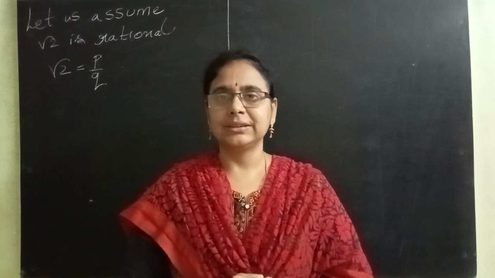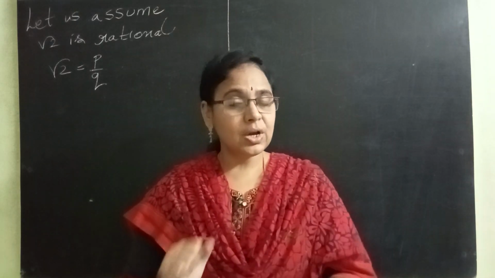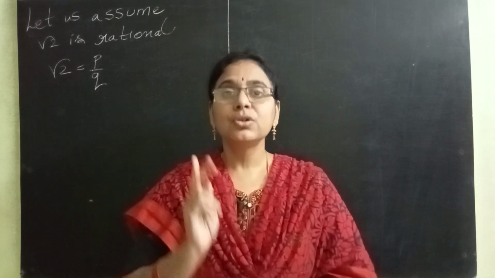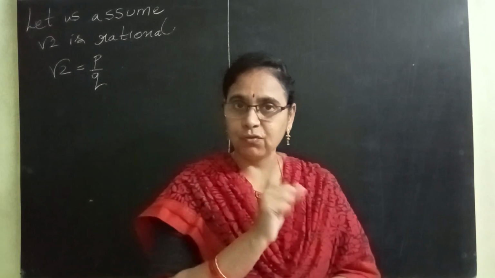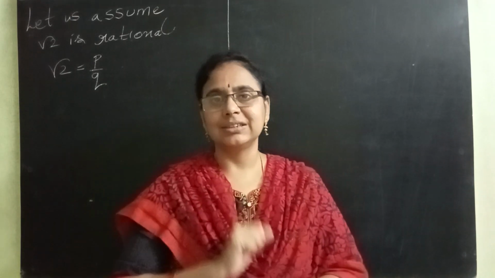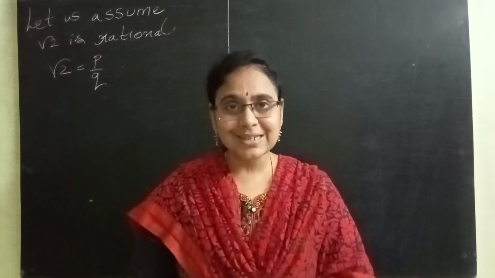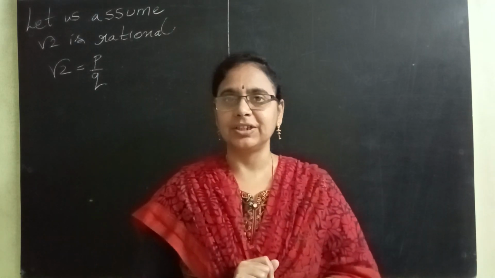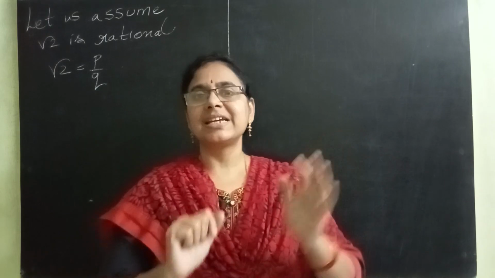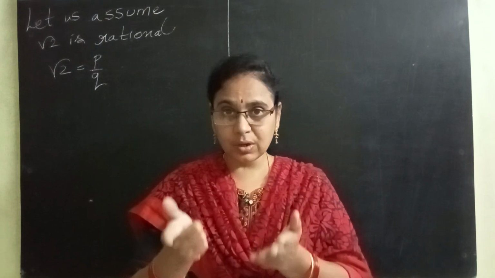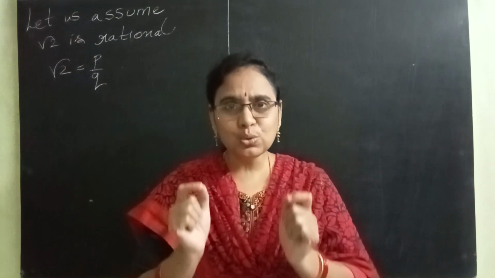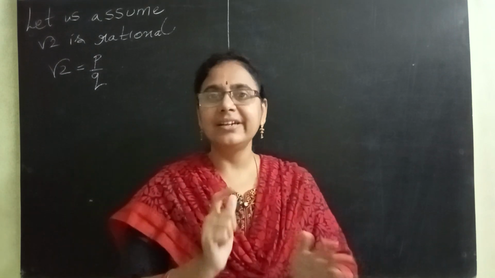4 by 6, do you have any common factor here? 2. With the 2 table we can cancel. 2 twos are 4, 2 threes are 6. So 4 by 6 we have to write as 2 by 3. That is standard form, the simplest form. Now you are in 10th grade, surely you have to write it in standard form.